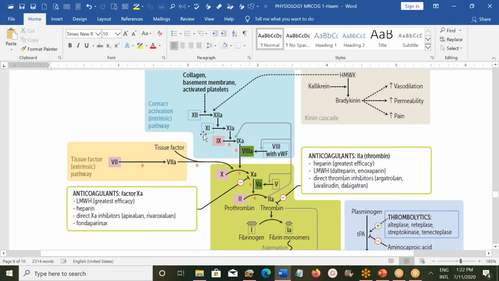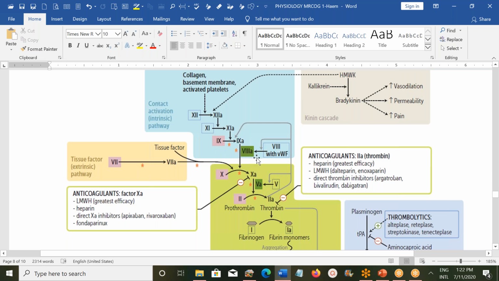It will act on factor 11, which will be converted to activated factor 11A. This complex will also activate a cofactor and stimulate conversion of factor 9 to factor 9A. That is the point. Okay?